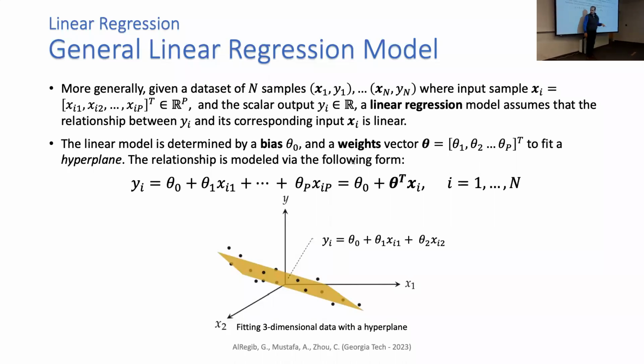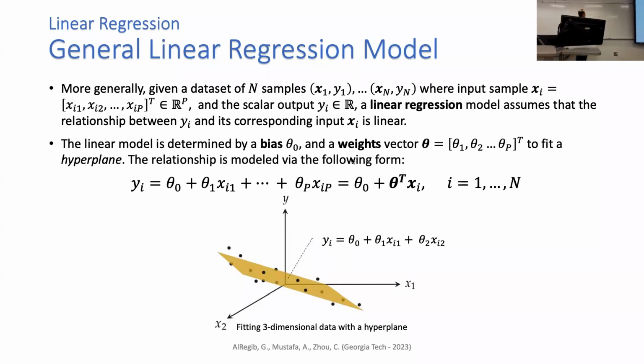Do you see that? So basically my thetas after the transpose: theta 1, theta 2, all the way to theta p, and then x11, x12, all the way to x1p, plus my theta 0. So now this will be theta 0 plus theta 1 times x11 plus theta 2 times x12 and so on. Do you see that?